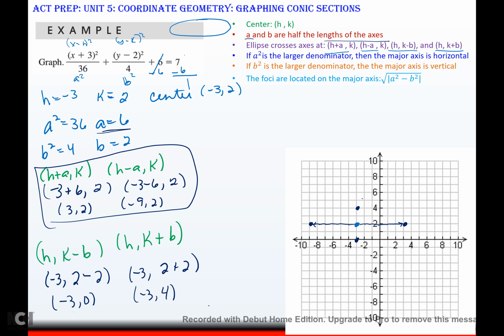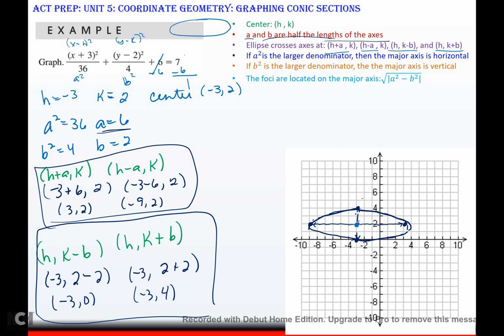Like I said, it works, and that's professional, and that's what you should do. But again, in a test type situation, keep this in mind: b is half the length of the other axis. So from the center, if I go 2 up and 2 down, I get my 2 points. Connect those 2 points, and there's your ellipse.